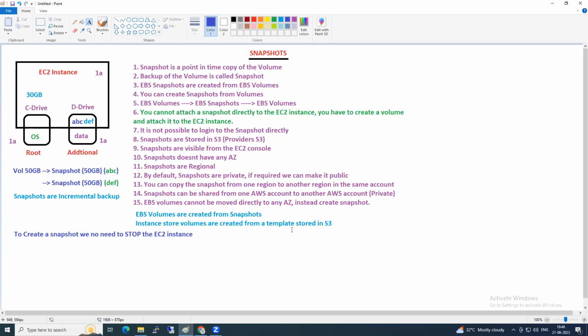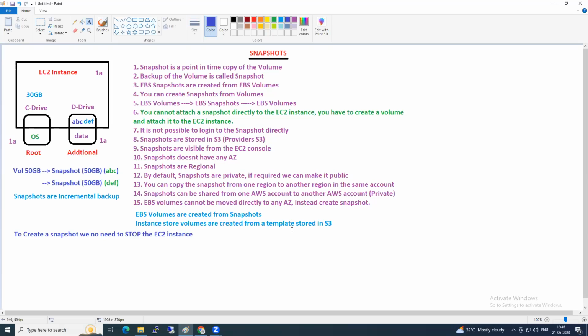In this Lifecycle Manager, you just create a policy, a rule saying: create a snapshot where the tag is equal to the tag you mention. Simple, and schedule it daily at this time. Automatically at night, whatever time you have mentioned, the snapshot will be taken from those volumes.